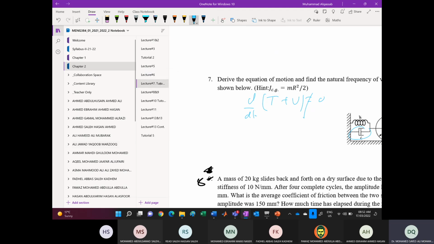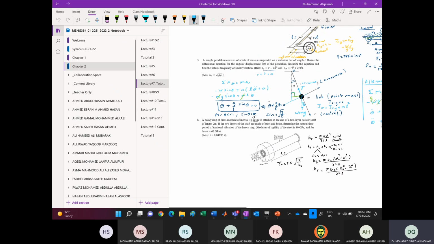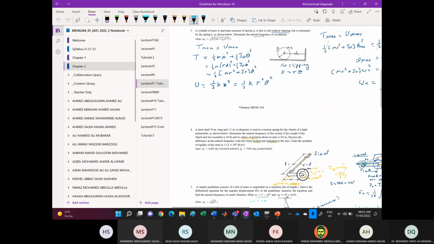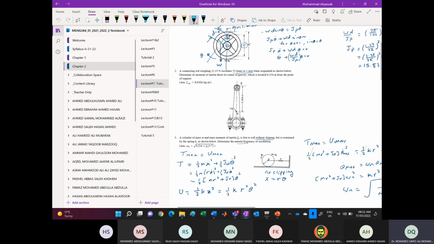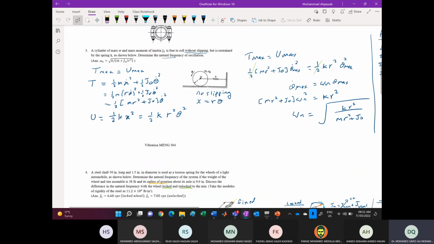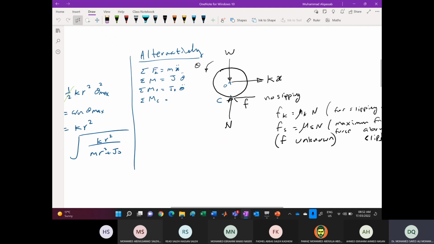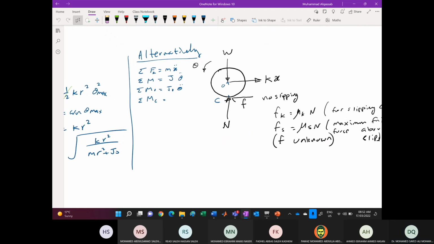Yes, this one. We talked about the energy method in tutorial 3 because this is a conservative system. And I also gave you an alternative method, by taking moment or sum of forces. But here you need to use this method, Newton's second law.